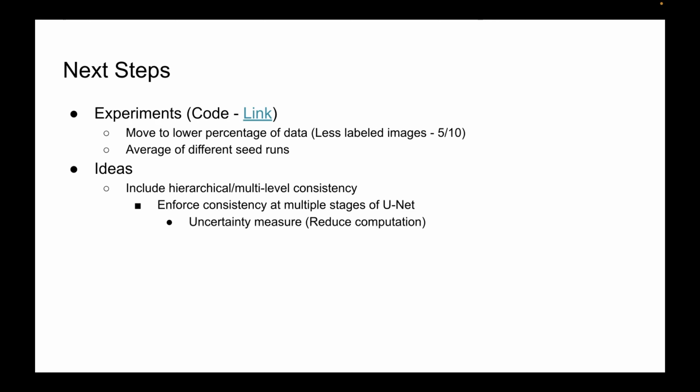For student and teacher, that would be passing the data 4 to 6 times through the model. Instead, I'm trying to calculate the uncertainty at different stages of the UNet decoder. I get the output, upsample it, measure the uncertainty between them, and enforce the consistency at that level.